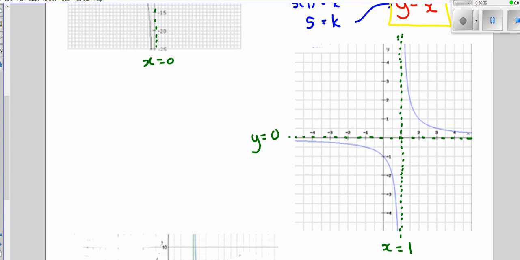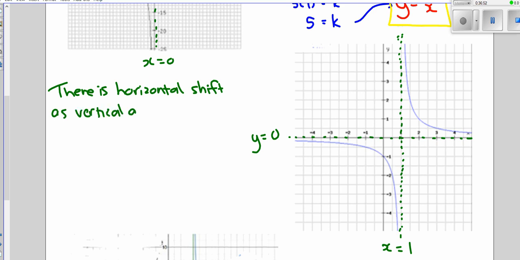So we can say there is horizontal shift and vertical asymptote is at x equals 1. The horizontal asymptote's at y equals 0, so there's no vertical shift. There's not been any shifting up or down. There's just been shifting 1 unit to the right.